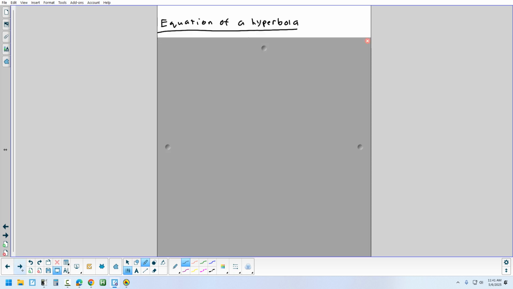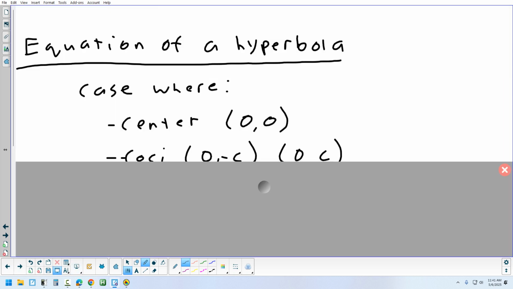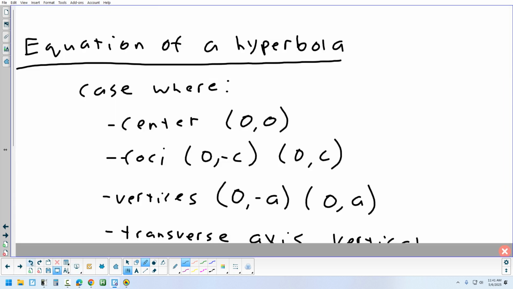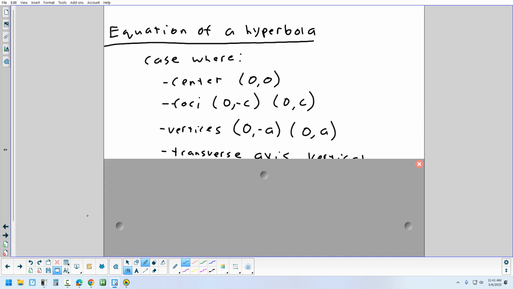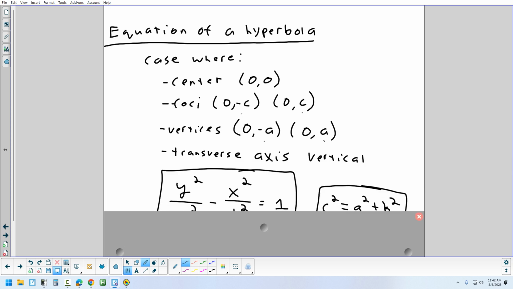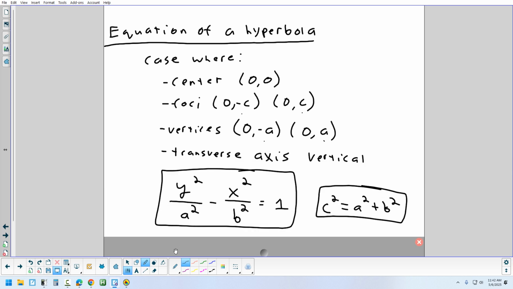All right, so now let's look at the equation where everything is above and below. The vertices are A units above and below the center. The foci are C units above and below. So A and C still have the same meaning. For now, center is still 0, 0, but the transverse axis is vertical.